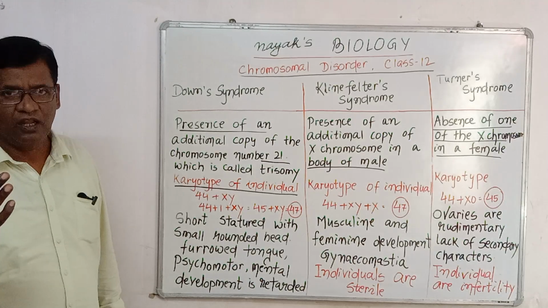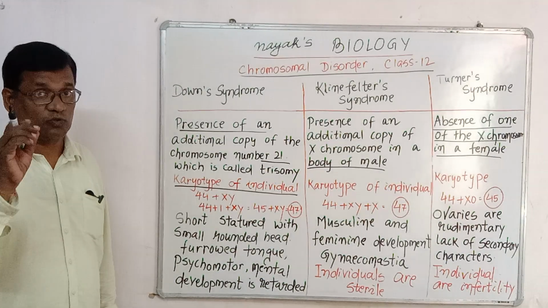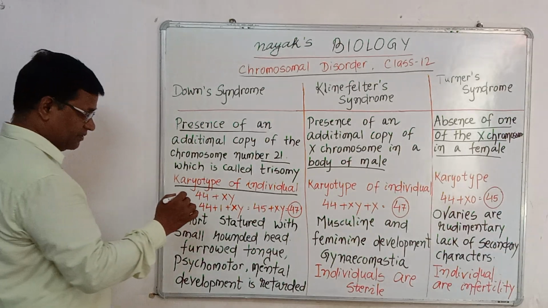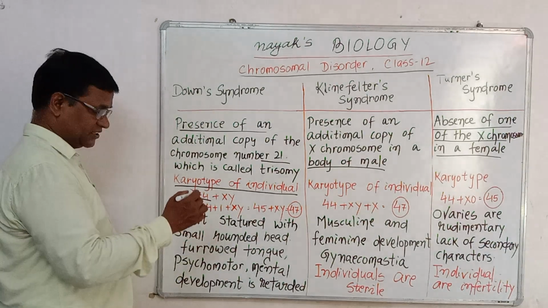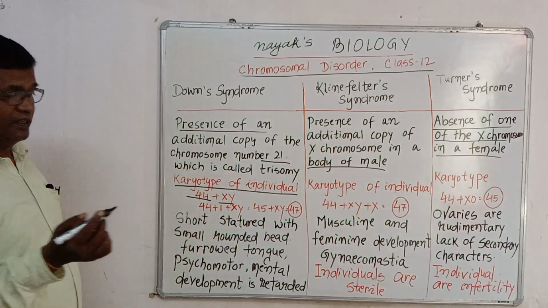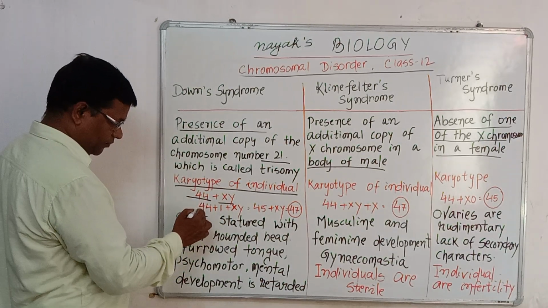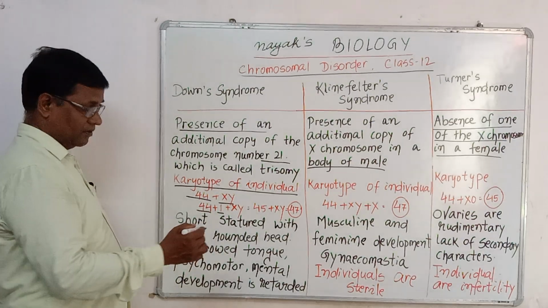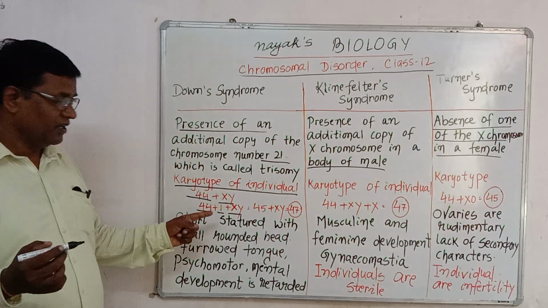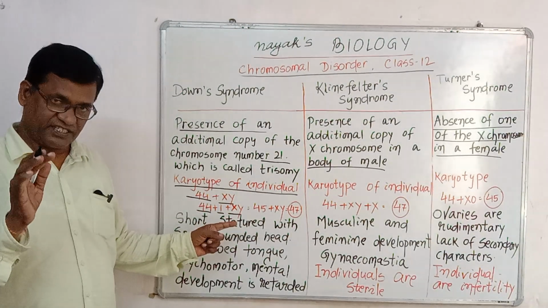It may be a male or female, it doesn't matter, but autosome number 21 has three chromosomes. We have 22 pairs, that is 44 chromosomes, and XY, suppose it is a male. But one more chromosome is there: 44 plus 1 plus XY.